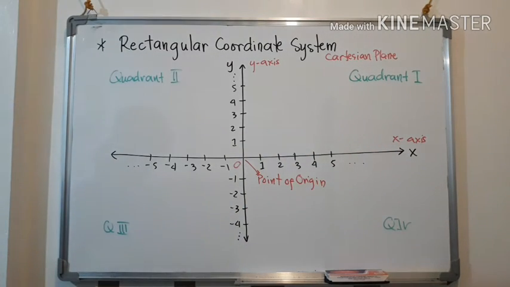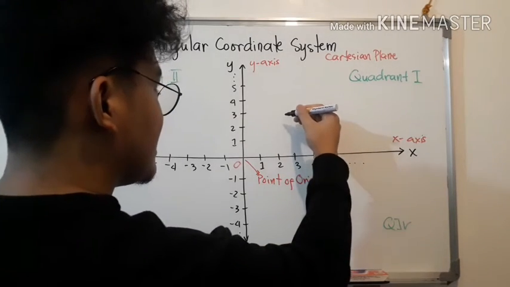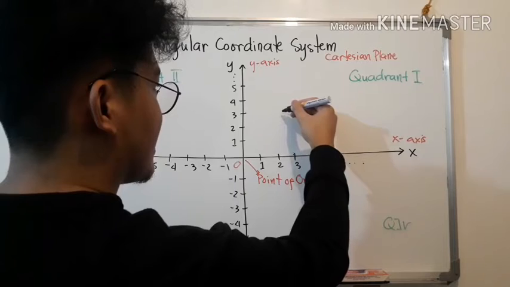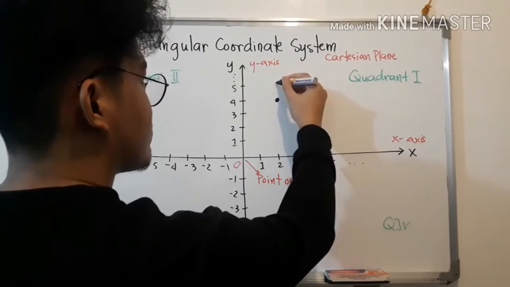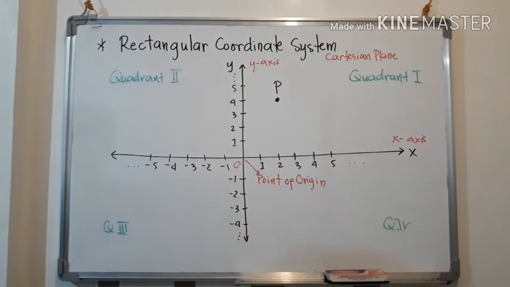Say for example, we have a point plotted in quadrant 1. Say this is point P.